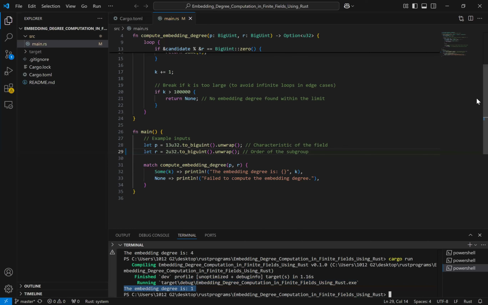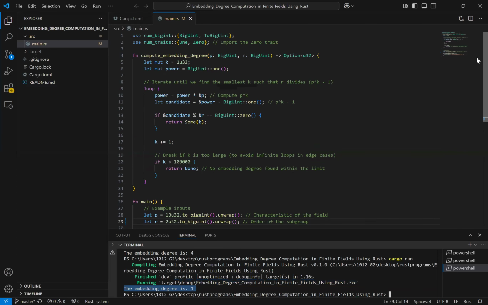So as I said, you can modify this code so that it calculates the order, then finds the prime factors, and then finds the embedding degree for every prime factor.